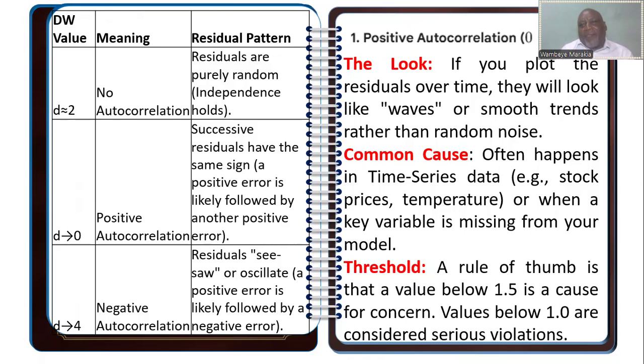If you plot the residuals over time, they look like waves or smooth trends rather than random noise. When you draw them in a graph, you'll see something like a wave. Then you know that this is a positive correlation, and these points range from greater than 0 to less than 2.